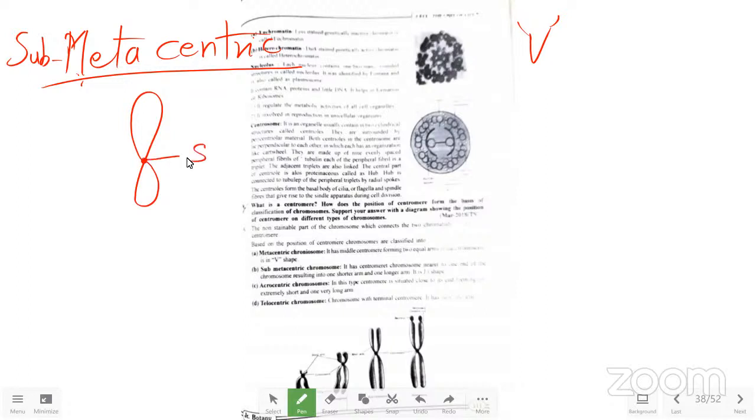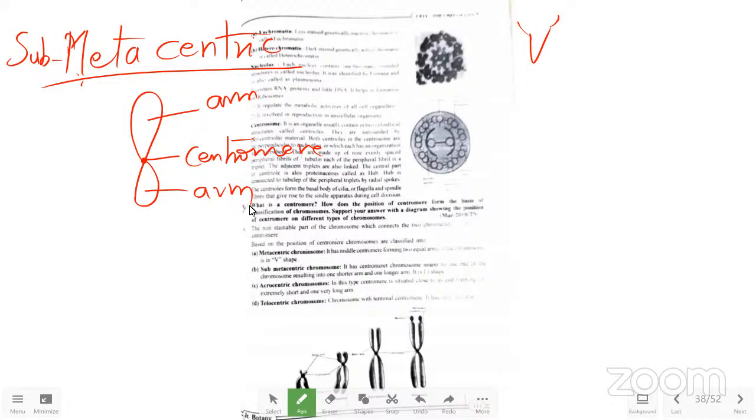This is the centromere, and this is one arm and this is the other arm. 2 unequal sized arms are present because the centromere has moved toward one pole of the chromosome.